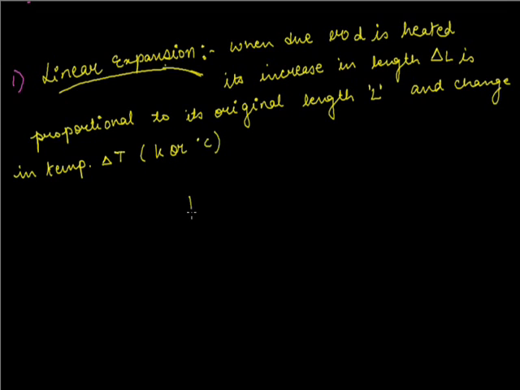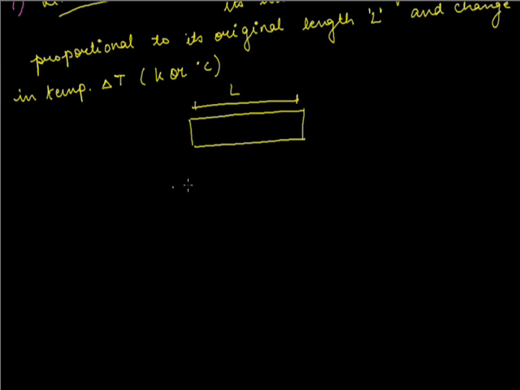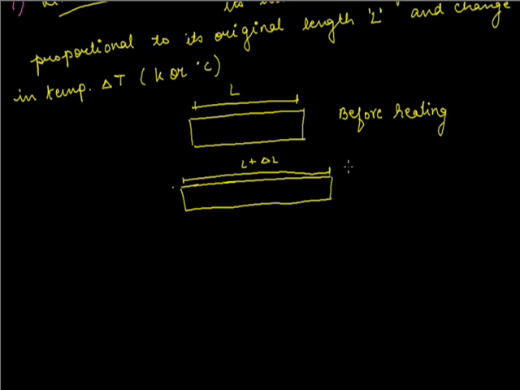If I draw the diagram, it would be as follows. If this is my rod, which is of length L, if it is expanded, then the length becomes L plus delta L. This is before heating and this one is after heating.